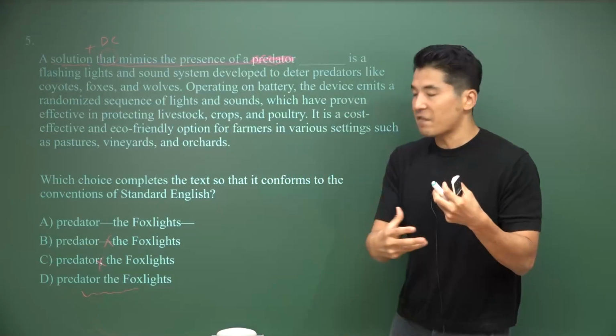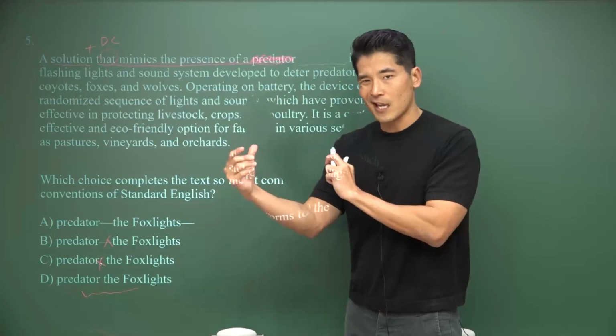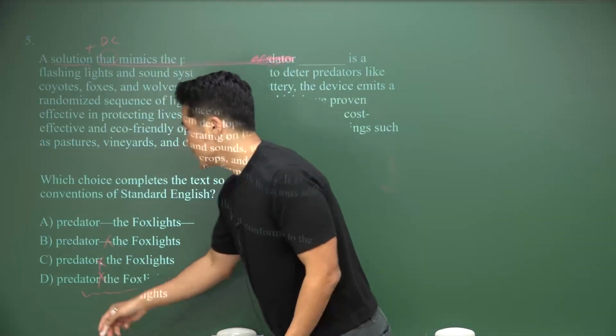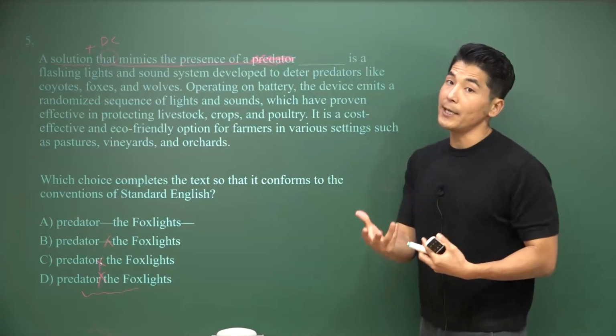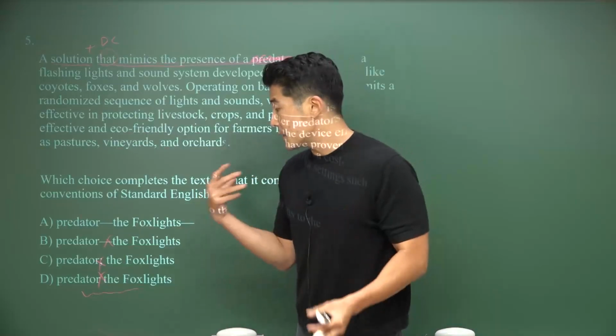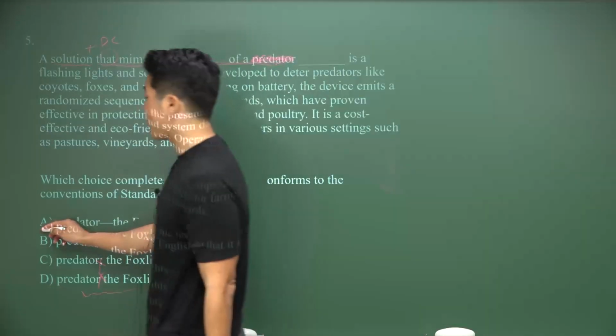It doesn't make any grammatical sense. So here you would have to use some kind of punctuation to separate those terms. This is why D is also going to be wrong. So this would make answer choice A the correct answer.